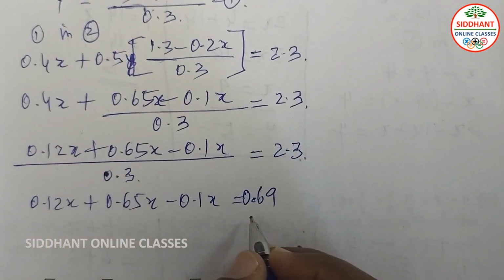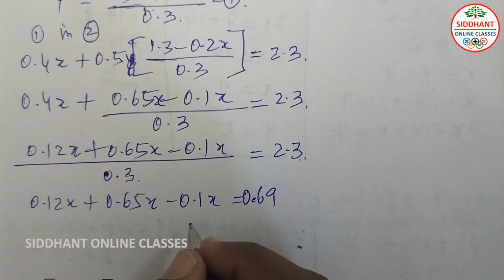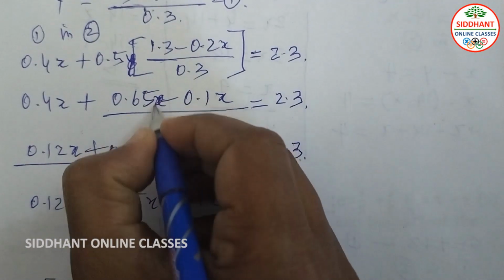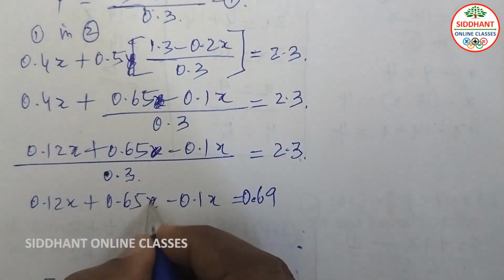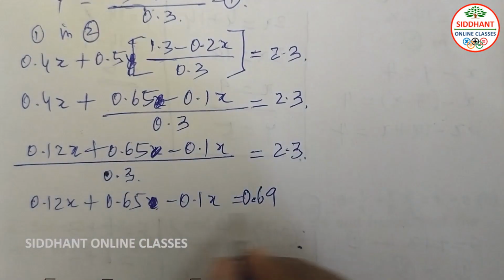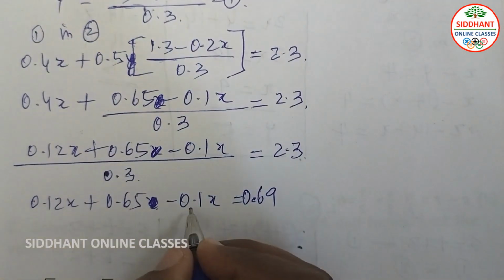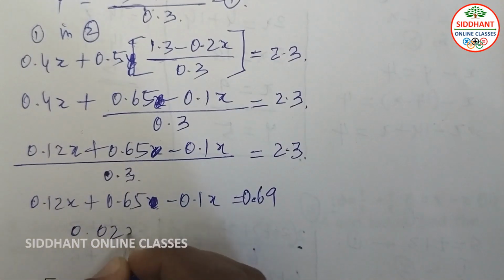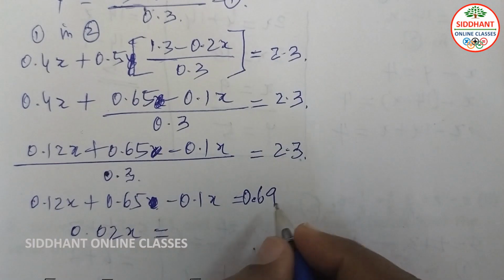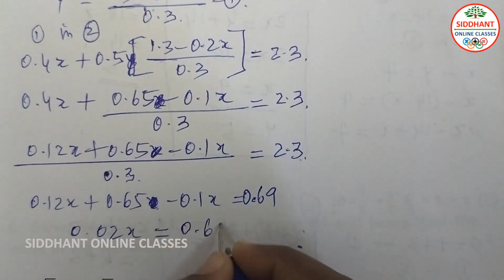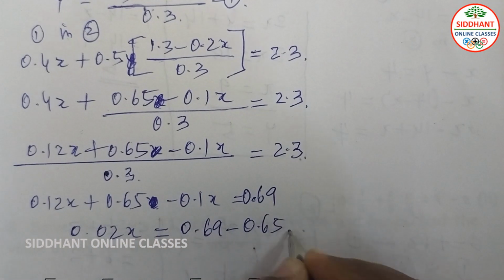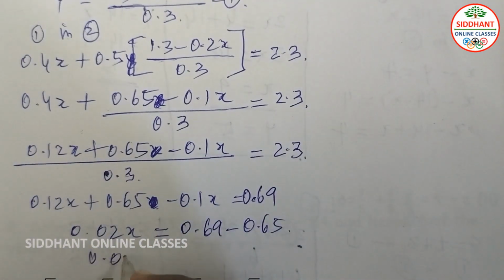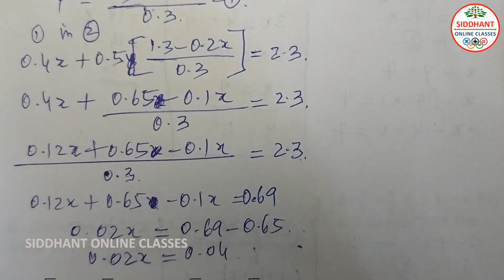So now 0.12x minus 0.1x will become 0.02x, and here 0.69 minus 0.65. So now 0.02x equal to 0.04.